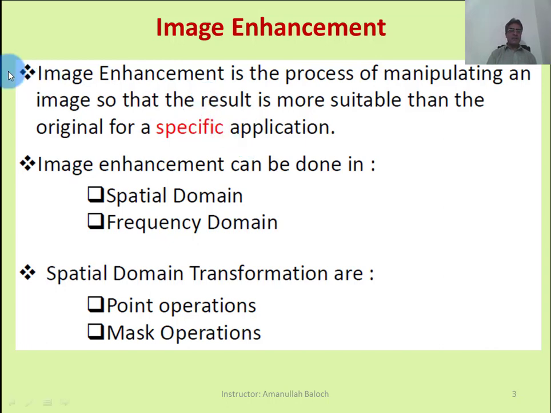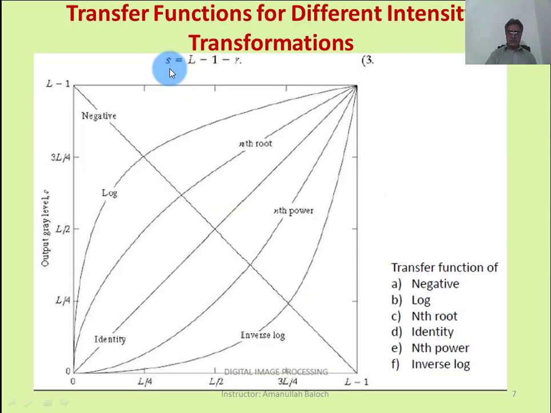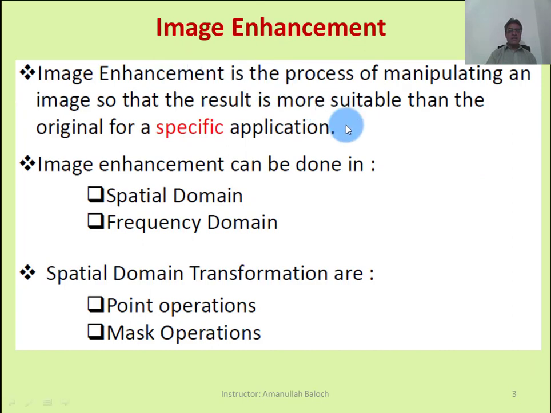And if we take an X-ray image of a patient, and the X-ray location where the bone is broken or some other injury is present is not clear, then we apply an image enhancement technique, and it enhances that image for that location so that the doctor can study that X-ray image easily and also prescribe some medicine or some suitable treatment for that specific patient whose X-ray image is under observation.